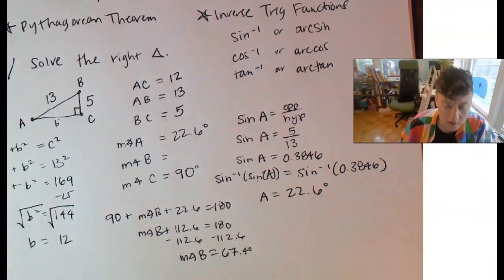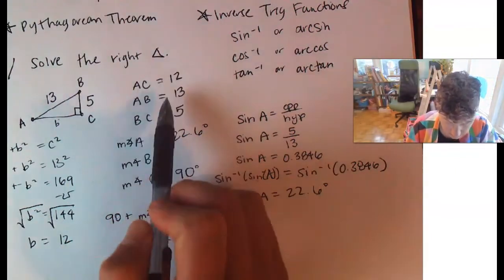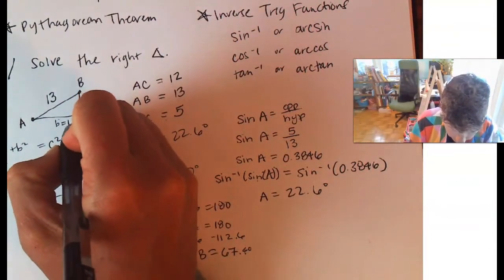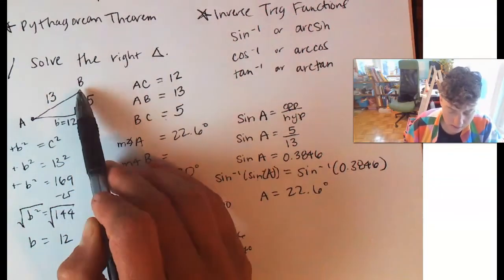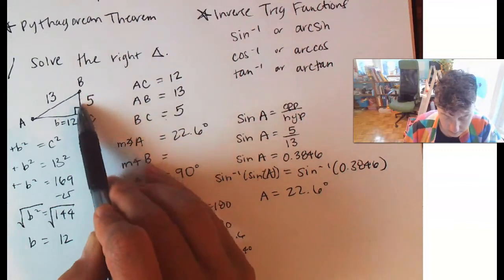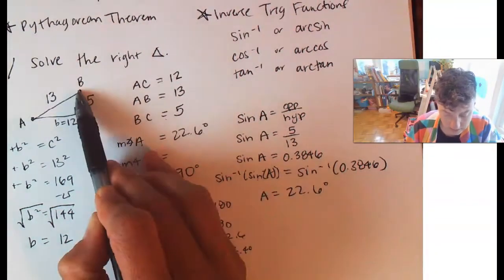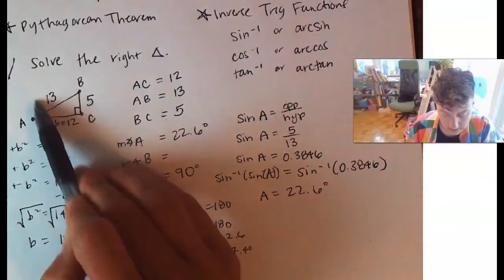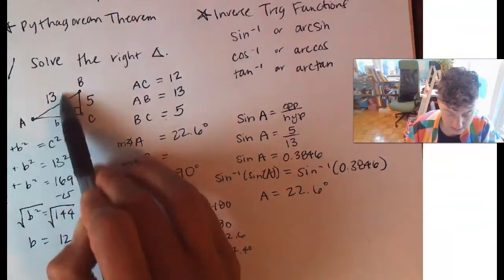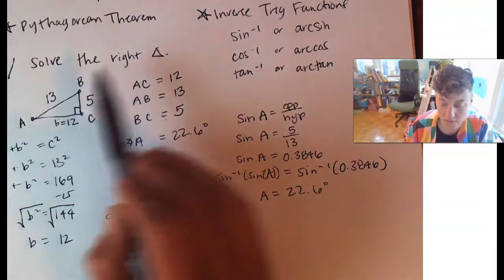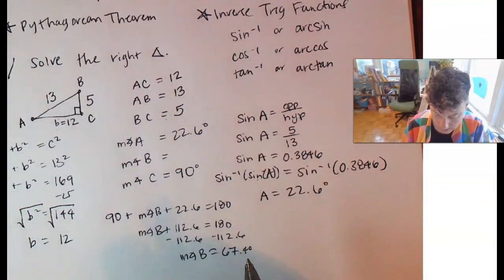Okay. So we're looking at angle B. We know all of the sides of the triangle. We know side B is 12, or we could continue using these original sides. So I could use the side that's right next to B, which is called the adjacent side, and the hypotenuse side. I know the adjacent side is 5, the hypotenuse is 13. The trig ratio that uses adjacent and hypotenuse is cosine.